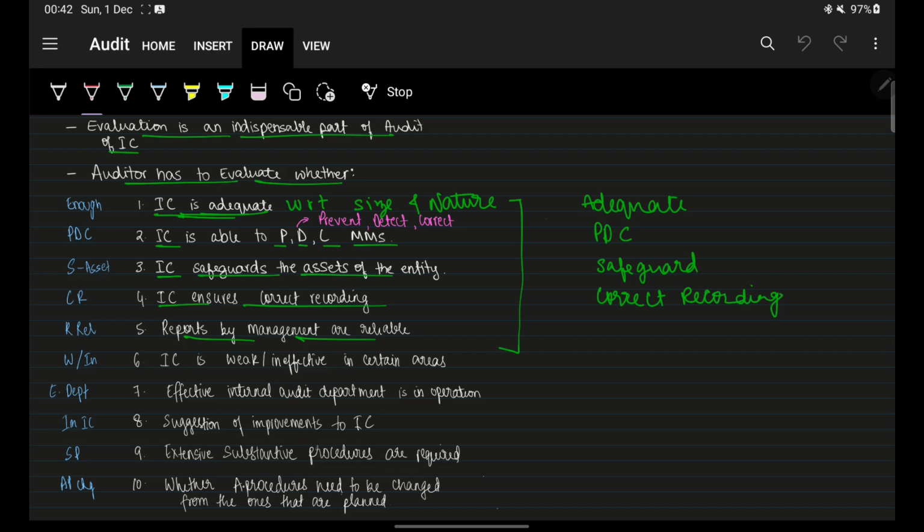Fourth point being whether the reports are reliable. Whether they are reliable or not. Okay, so you have to add whether to all of these, right? Whether IC is adequate, whether IC is able to prevent, detect, correct, whether IC safeguards the asset, whether IC ensures correct recording, whether reports by management are reliable or not.